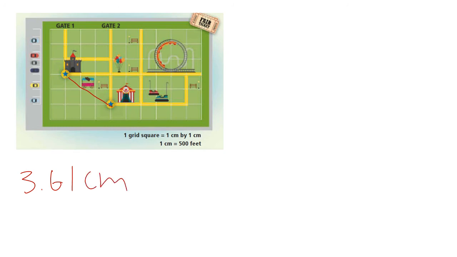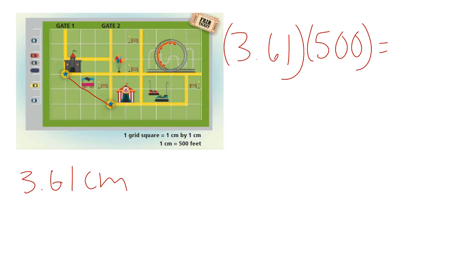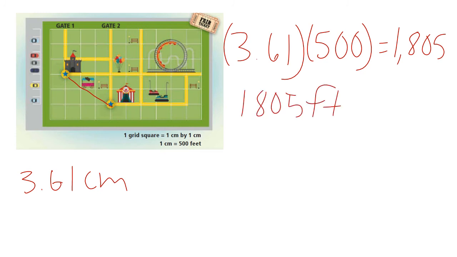Okay, so if 3.61 centimeters is how far that distance is, and we know that each centimeter equals 500 feet, then we need to do 3.61 times 500 to scale it up, and that's going to equal 1,805. So that's 1,805 feet between those two stars diagonally.